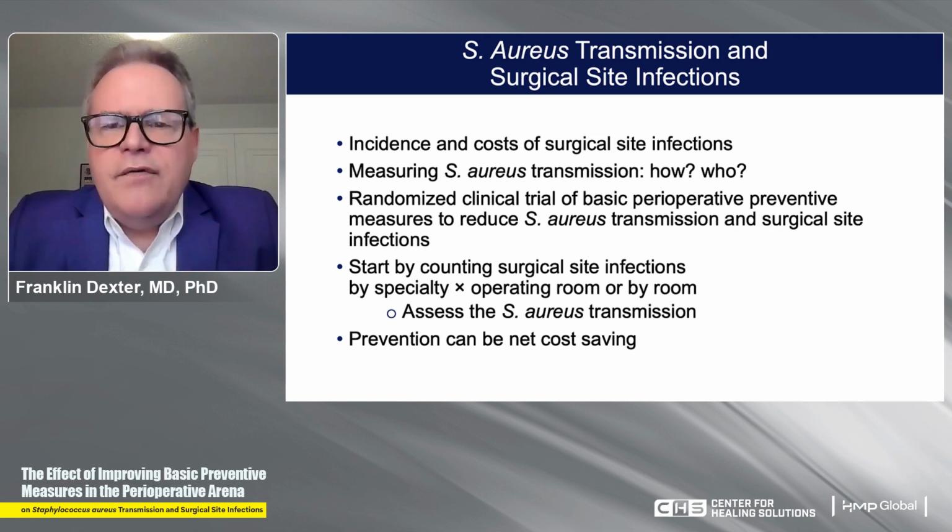You use that information to provide feedback to your hospital infection prevention specialists, to the surgeons, to the anesthesiologists and nurse anesthetists and nurses to adjust how you apply a bundle of preventive measures. That also includes ultraviolet disinfection of specific rooms at the end of the day.